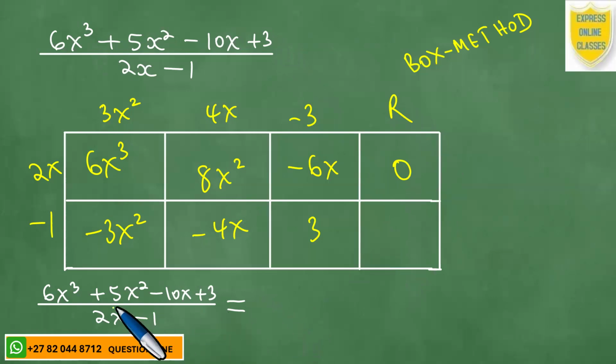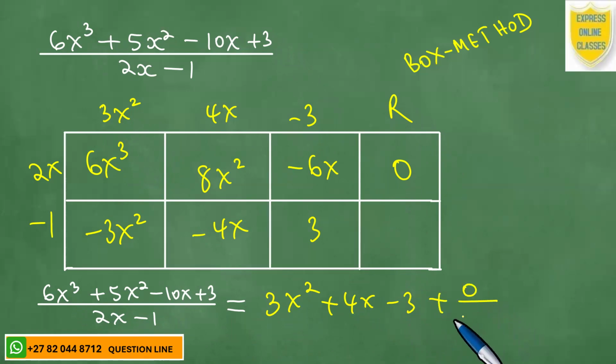So in the end, after the division of 6x cubed plus 5x squared minus 10x plus 3, all divided by 2x minus 1, the result is the quotient at the top here, which is exactly 3x squared plus 4x minus 3, and the remainder is 0 over 2x minus 1.